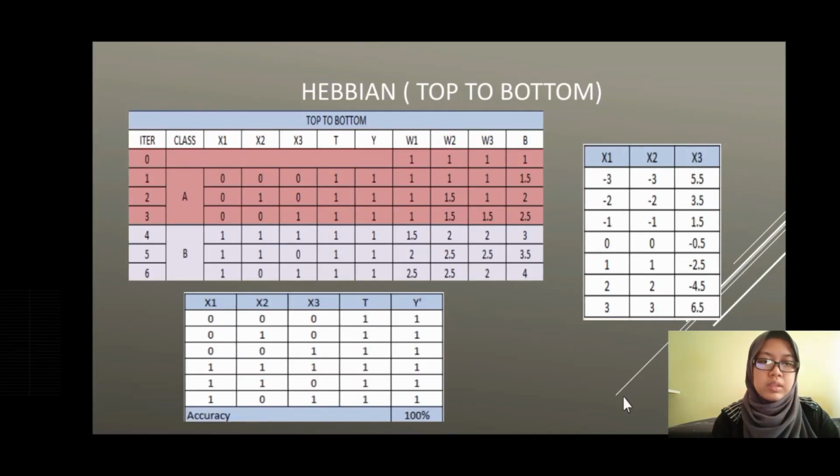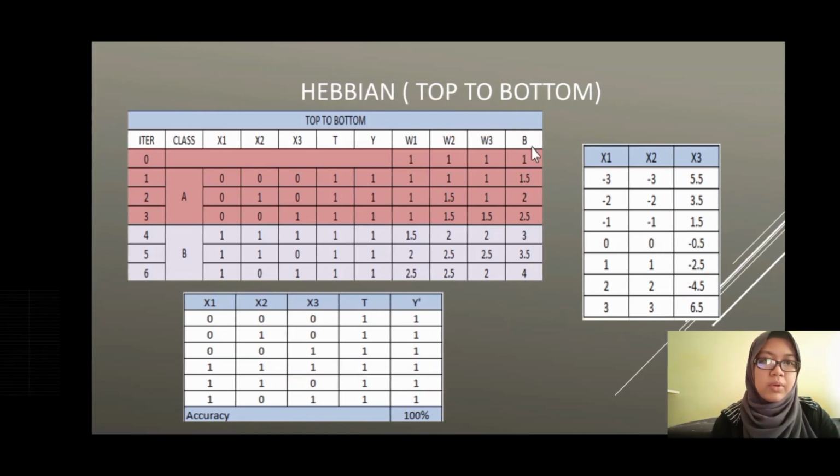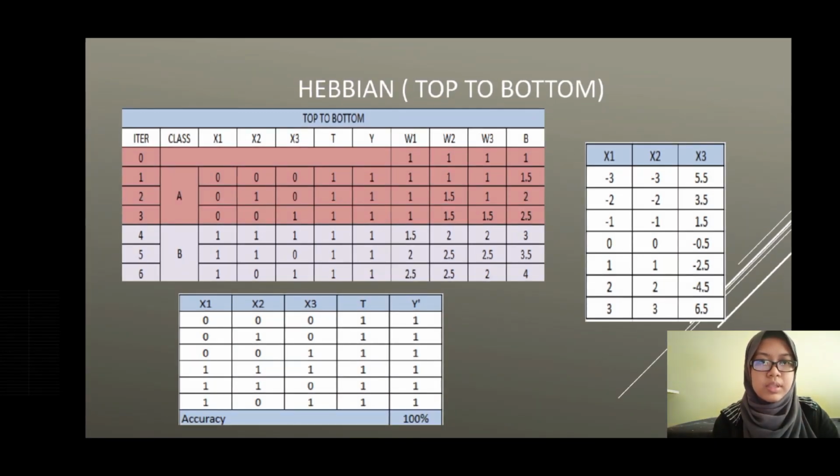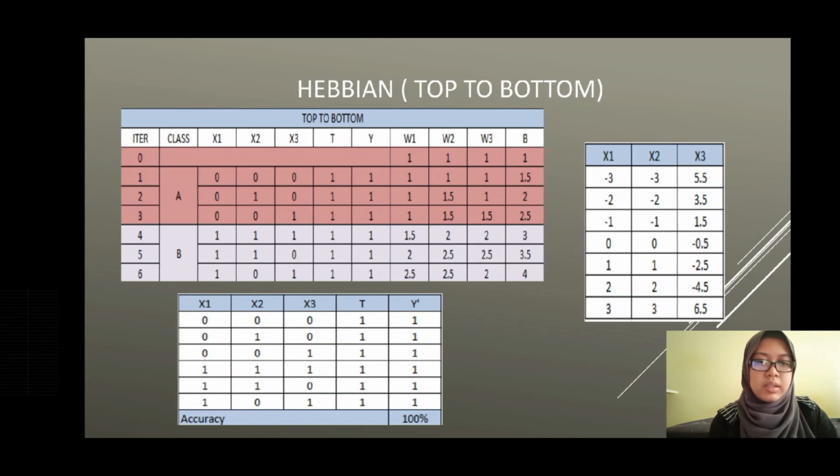This is the top to bottom from Excel. As you can see, class A is at the top, meanwhile class B is at the bottom. We decided to use T as 1. We find the y value is equal to T, so the y value is 1.